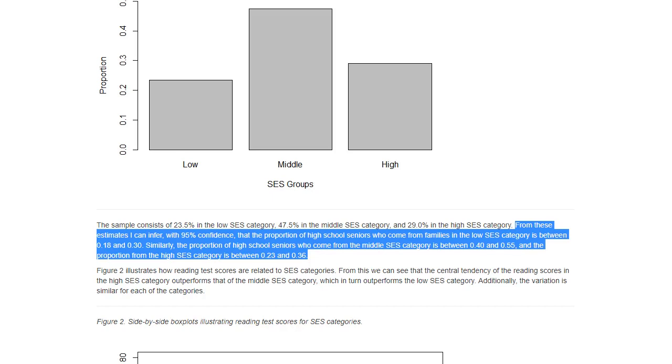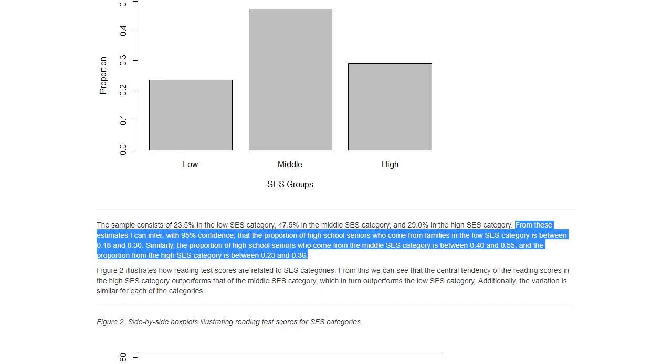In this case, I want 95% confidence. So that provides me the lower bound of 0.18 and the upper bound of 0.30 for the proportion that are in the low SES category, with 23.5% being my sample percentage, or we could have expressed that as 0.235 as a proportion. I construct similar confidence intervals here for the middle and the high SES categories.